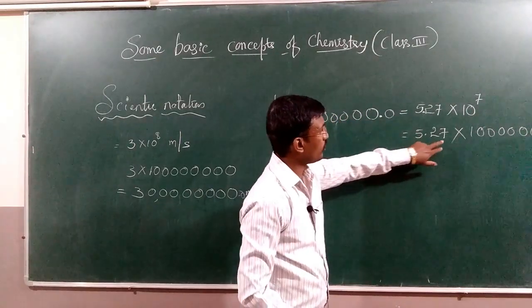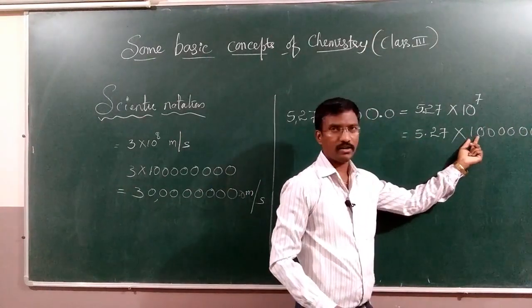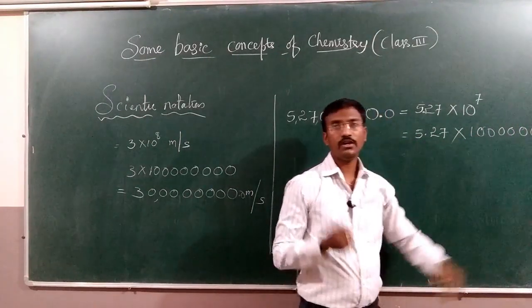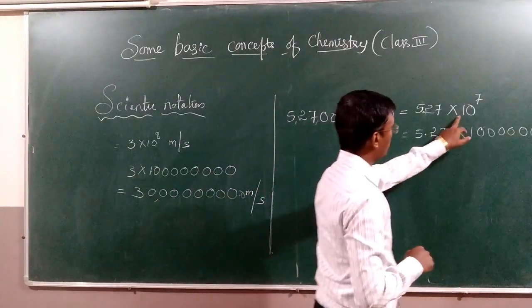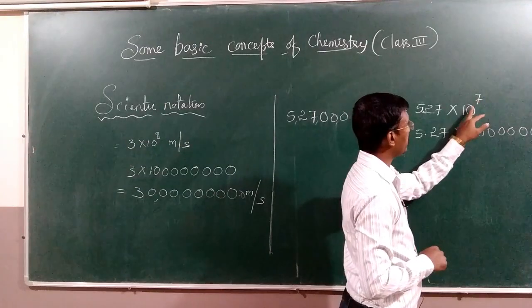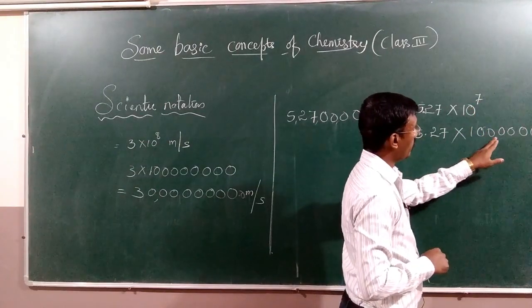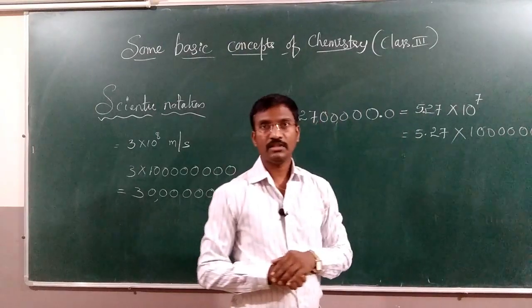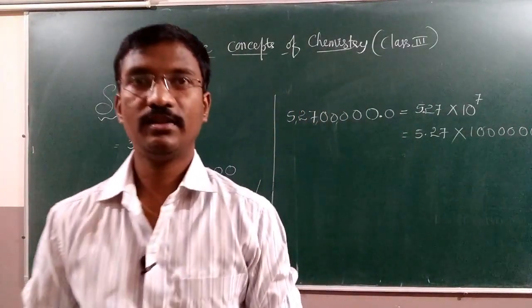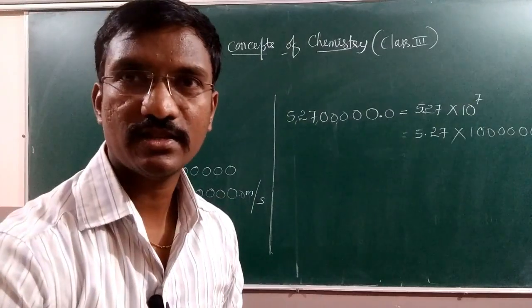Look here 5.27. If you multiply by 0, anything into 0 is 0 only. But I am taking the 1, 10 raised to 7. Here 7 indicates the number of zeros should be 7. 1, 2, 3, 4, 5, 6, 7. 7 zeros are there. Can you see this one? Here total number of zeros are 7.